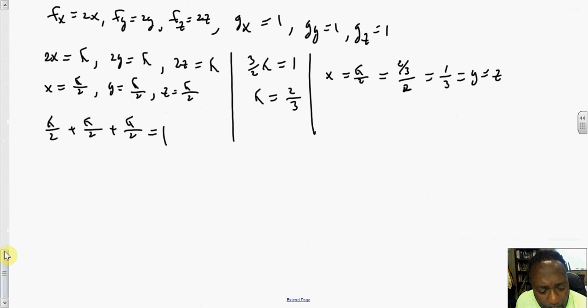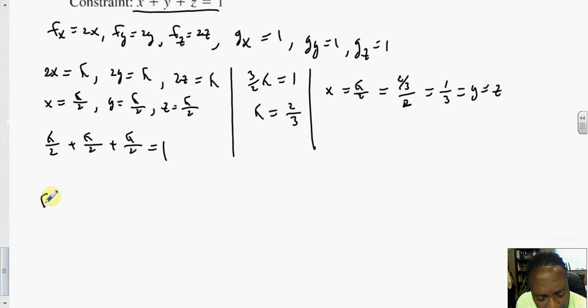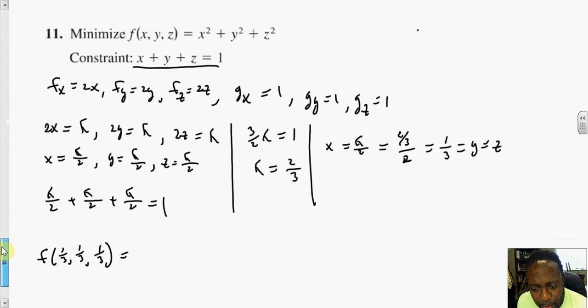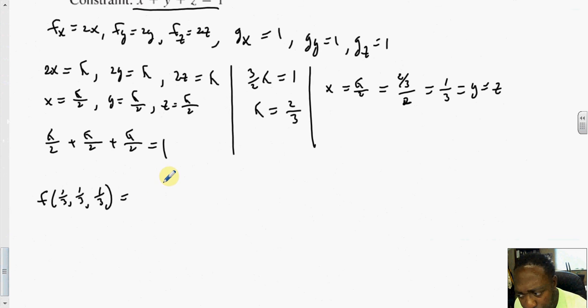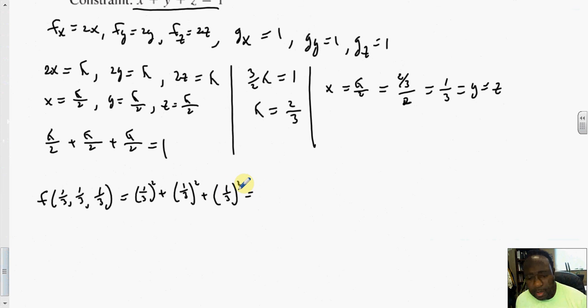So now, if you plug in these values for x, y, and z, so we get x squared plus y squared plus z squared. Well, that becomes 1/3 squared plus 1/3 squared plus 1/3 squared, which is just 1/9 plus 1/9 plus 1/9.